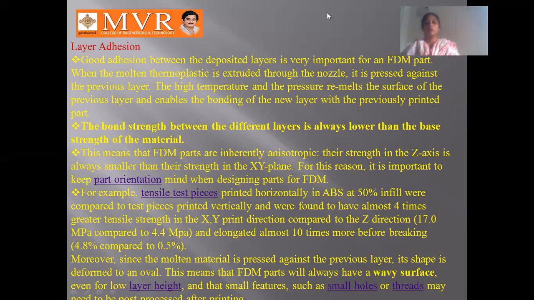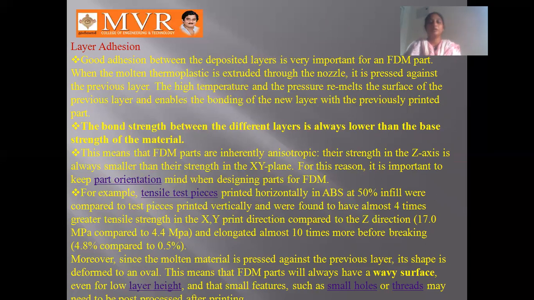Moreover, since the molten material is pressed against the previous layer, its shape is reformed to an oval. This means that FDM will always have a wavy surface, even for low layer height, and that small features such as small holes or threads may need to be post-processed after printing.